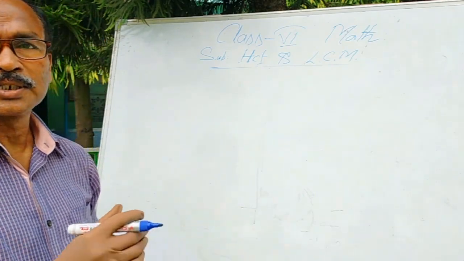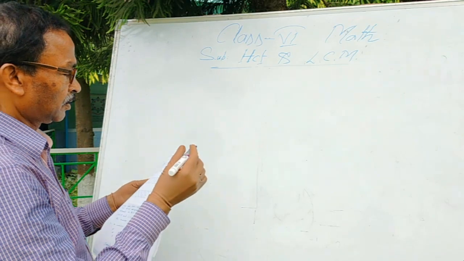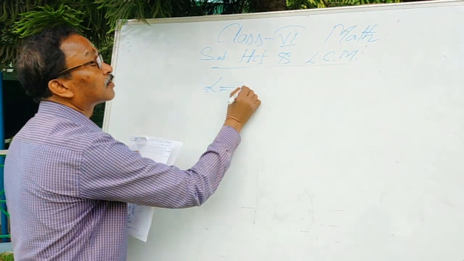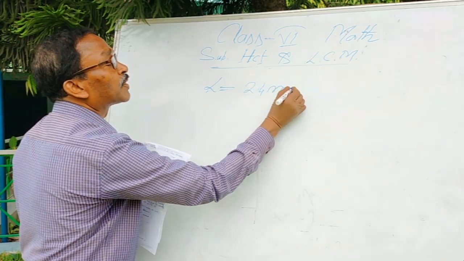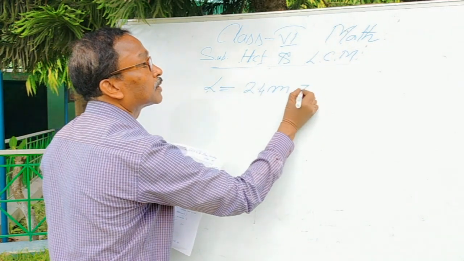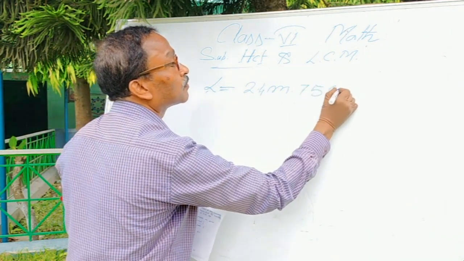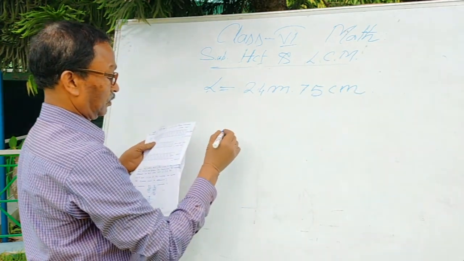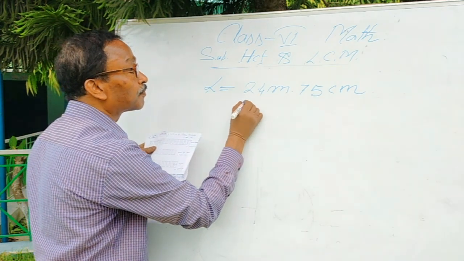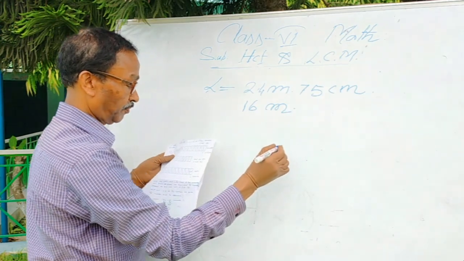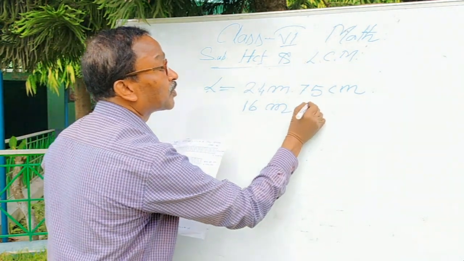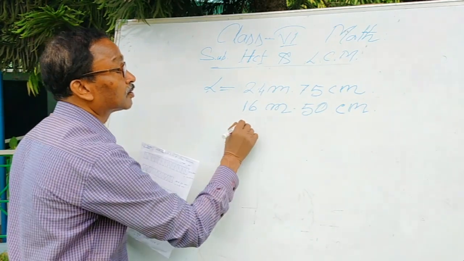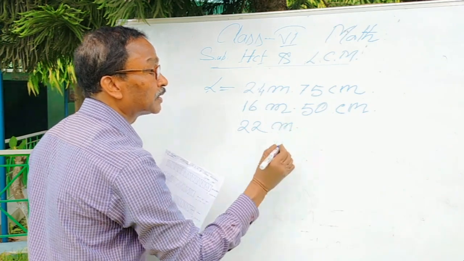Suppose the lengths of three ribbons are 4 meter 75 cm, 6 meter 50 cm and 22 meter.